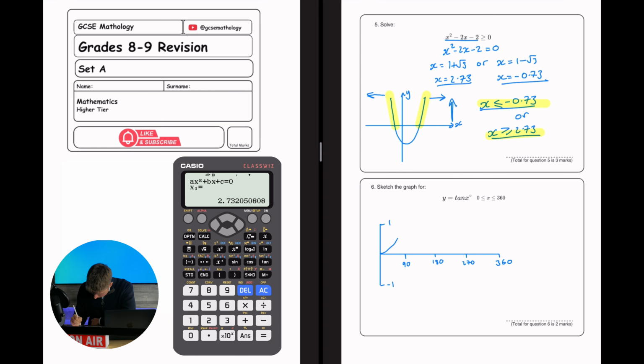So first the graph goes up like this, and then we draw our asymptote, and then we draw our next curve, and then another asymptote, and then we go just up to 360. So that is the graph for y equals tan of x.